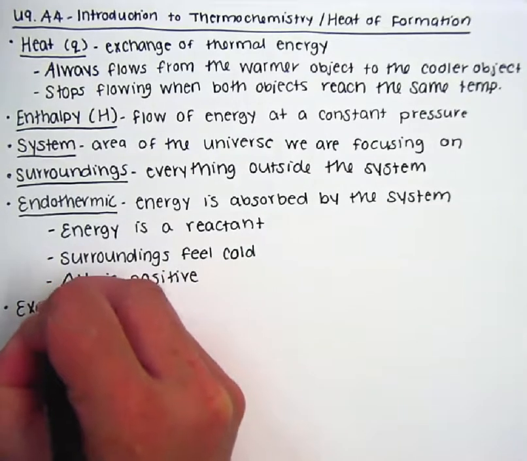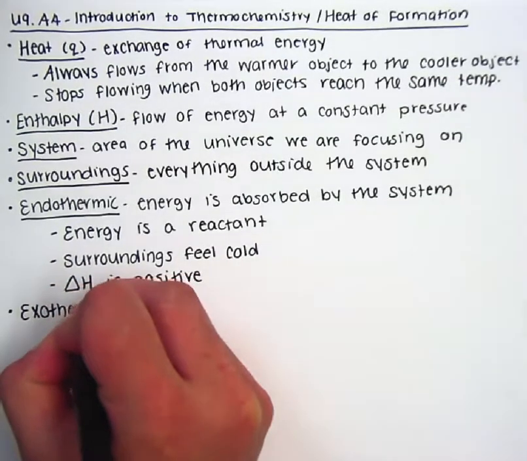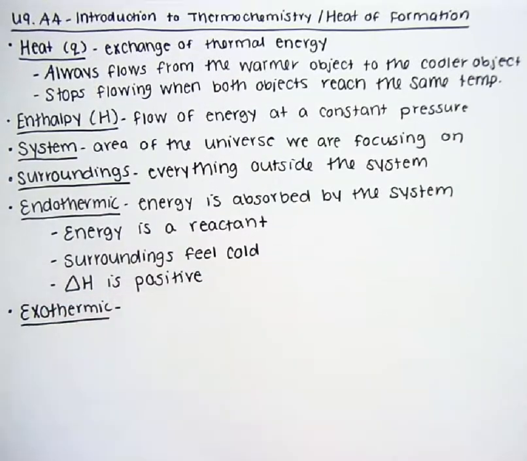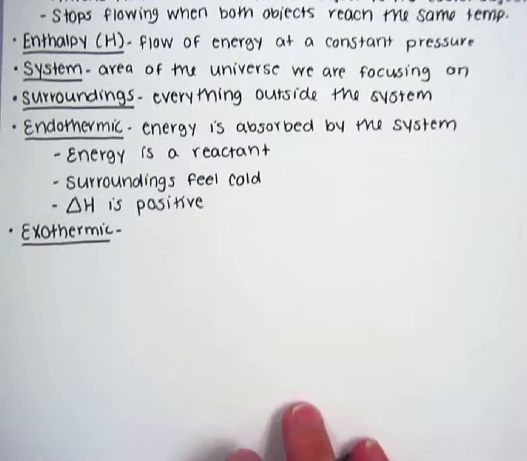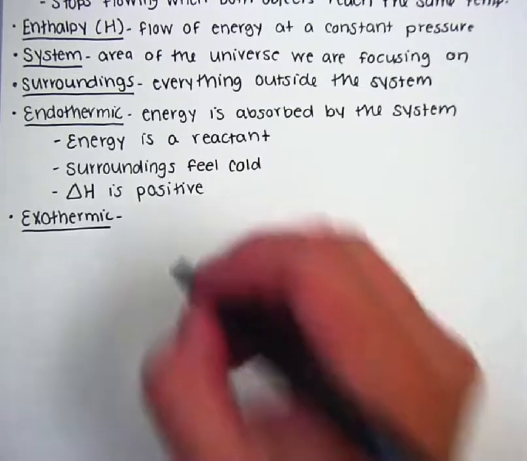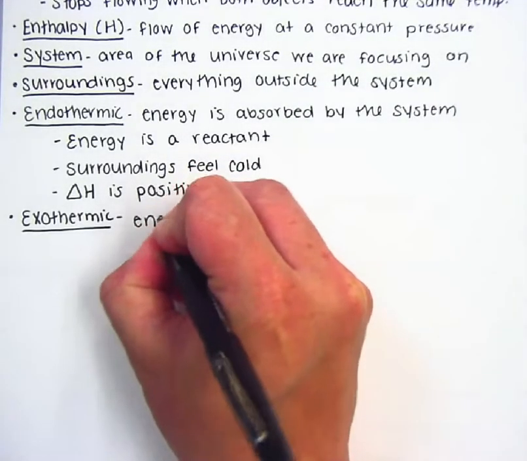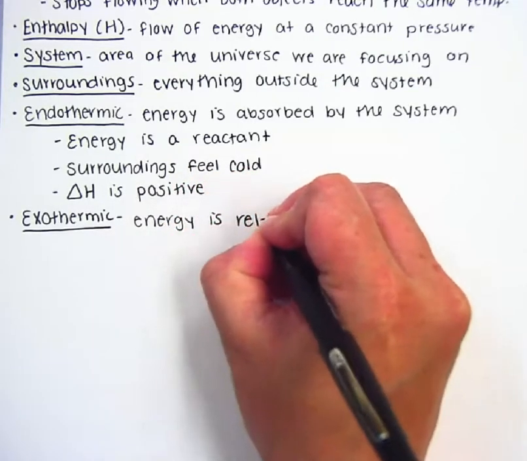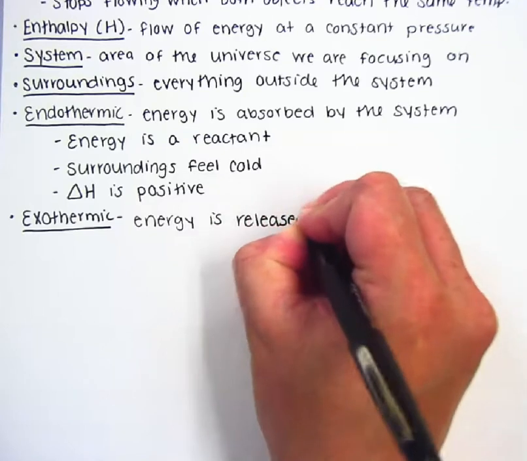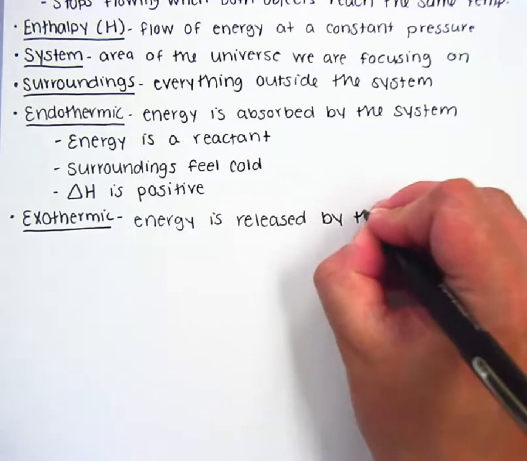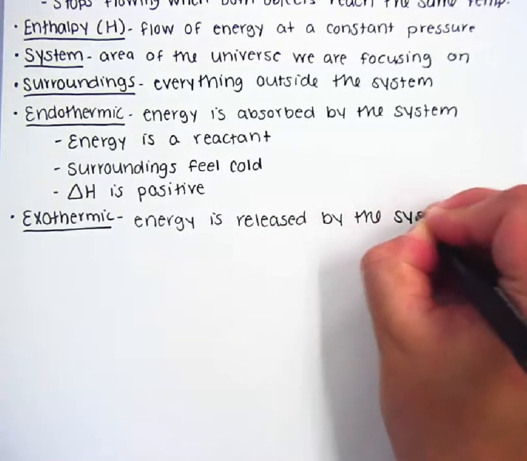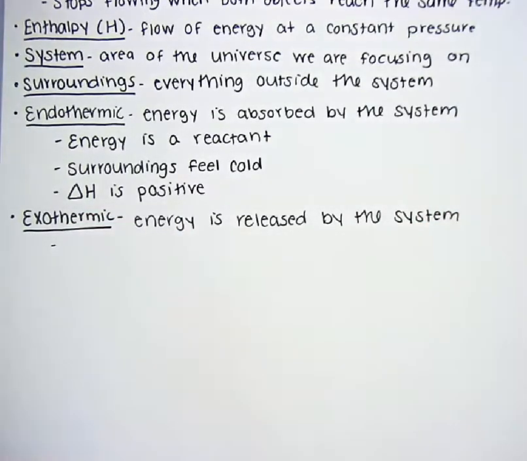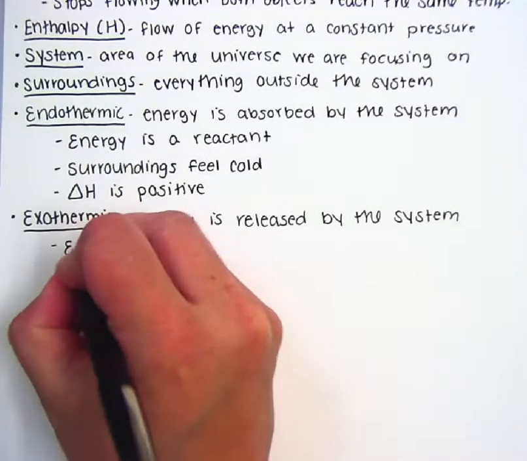Reactions can also be exothermic. Think of exo like exiting. Heat is exiting the system. In an exothermic reaction, energy is released by the system. We know from our unit on Le Chatelier's principle, if it is an exothermic reaction, energy is being released.